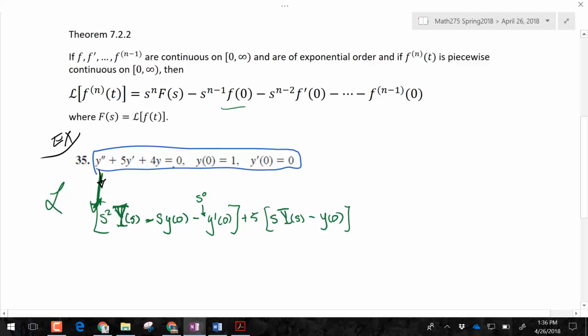And then I have a 4 times the Y of s, and this is all equal to 0.